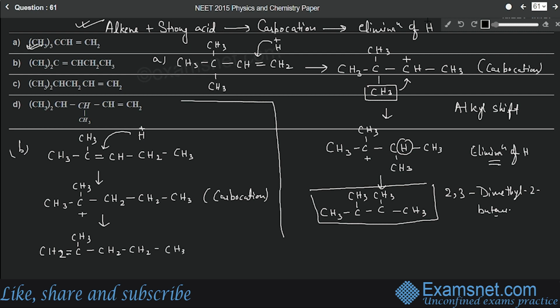Here a double bond will develop. So this is the final product. But this is not 2,3-dimethyl-2-butene, so this is not the correct answer. Similarly, you can check the other two options as well. You should practice yourself. So here we have got the correct answer, option A.